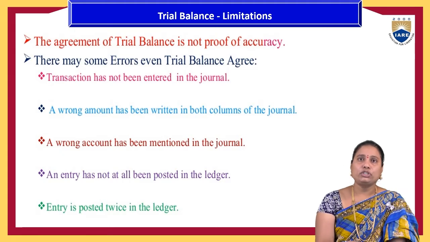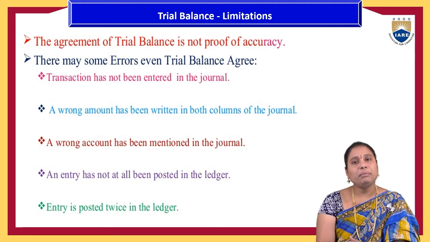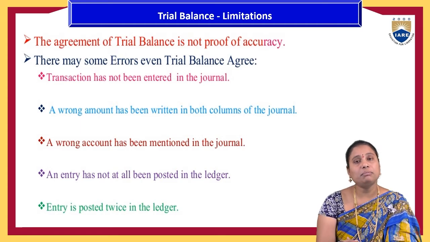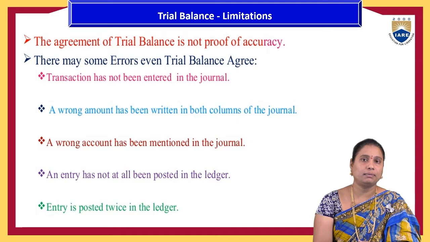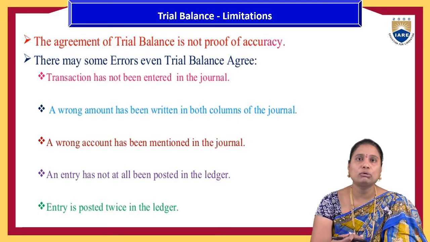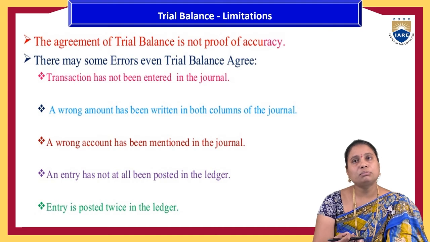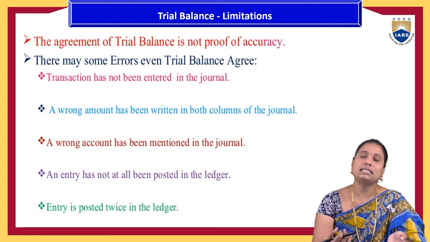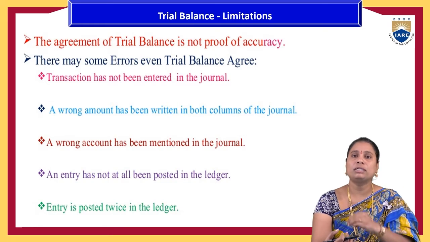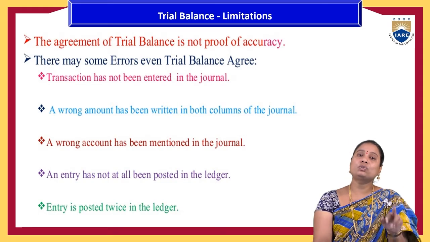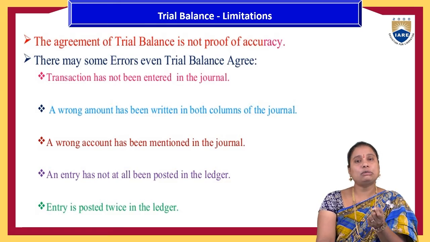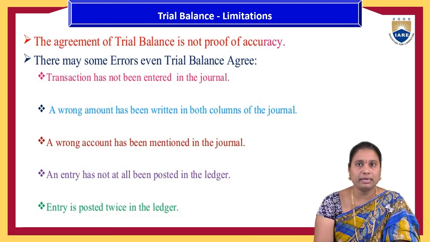It has certain limitations too, that is, it may not be able to find out some errors. Some are intentionally done, that is, if a transaction has not been entered into the journals, it may not be found out, or a wrong amount has been written in both the columns, that is under the debit and credit side. If both sides have been wrongly entered, it is not found out. If on the debit side one real amount and on the credit side a wrong amount has been entered, only then it is found out with the trial balance.